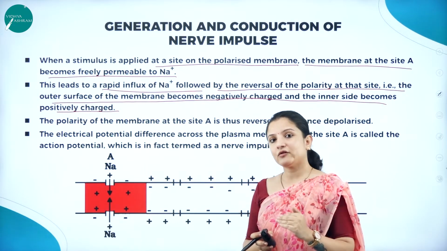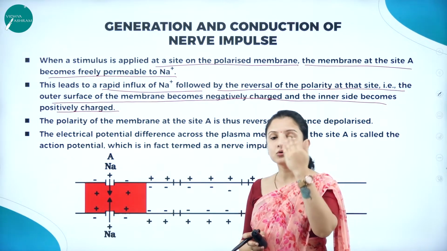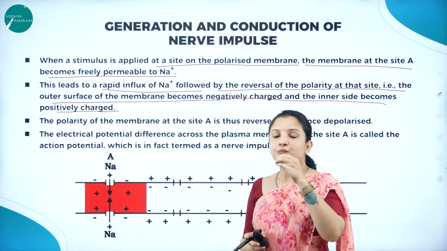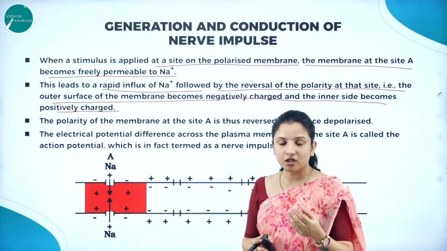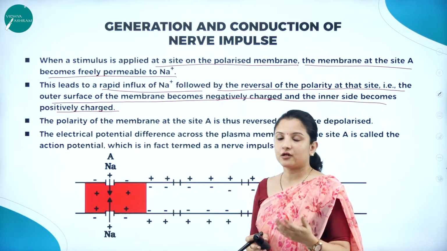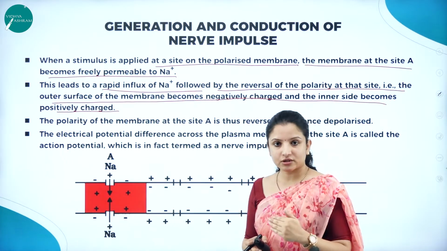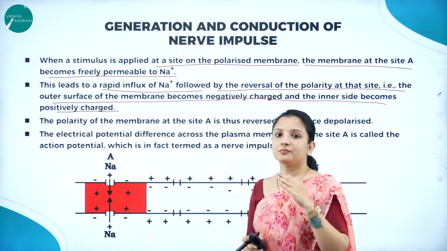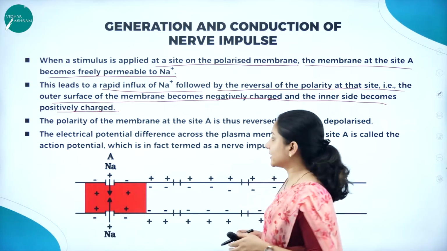That is, the inside of the axon, or the axoplasm, is negatively charged and the outside of the axon is positively charged. When the axon is excited because of a stimulus or a signal, at that time the axoplasm becomes positively charged, and the outside of the axon becomes negatively charged.